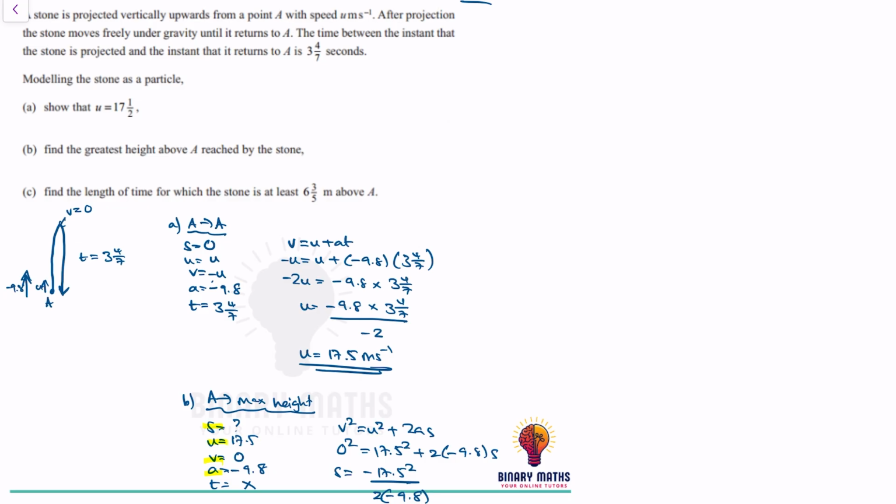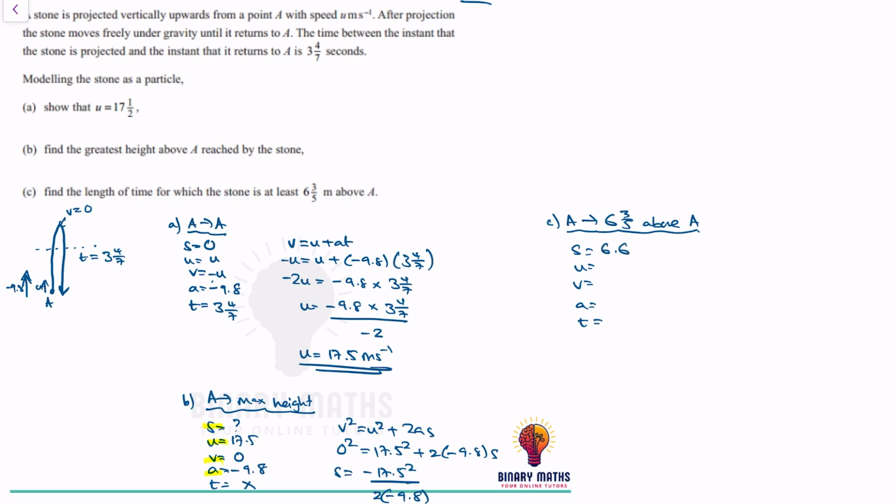C is find the length of time for which the stone is at least 6 3/5 above A. So somewhere around here is 6 3/5. So that means for part C is from A to 6 3/5 above A. So displacement will be 6 3/5, which is 6.6. I'm just going to write 6.6.